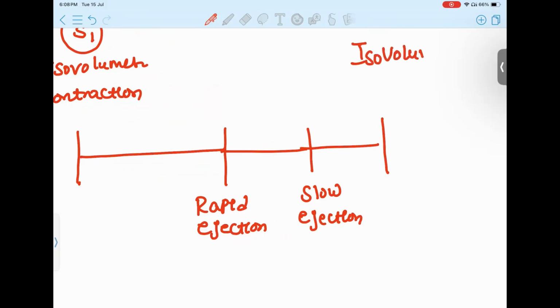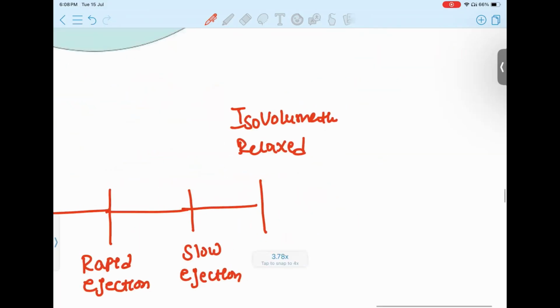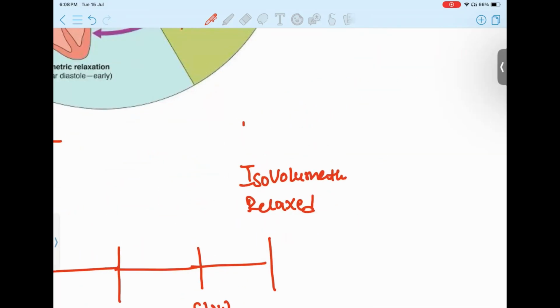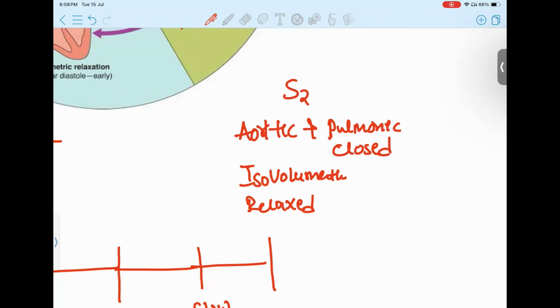All the valves will be relaxed. At this point, what happens here, guys? Your aortic valve and the pulmonic valve will be closed. Always remember, only the closing valves will be causing the sound. This will cause the S2 sound.